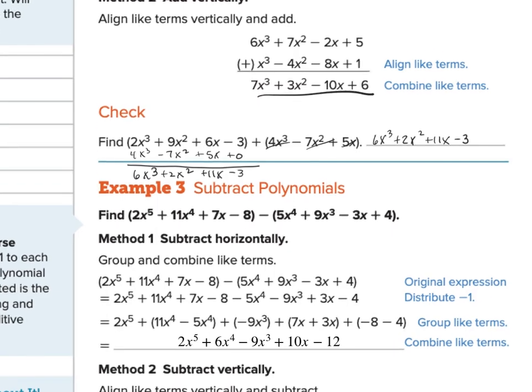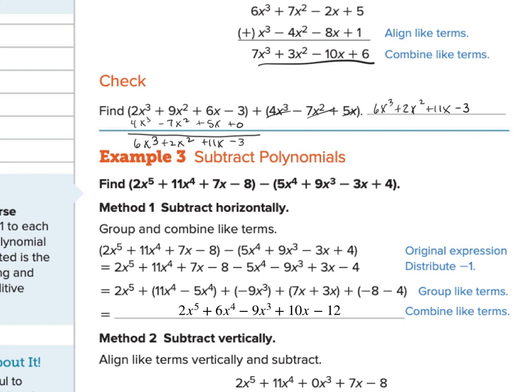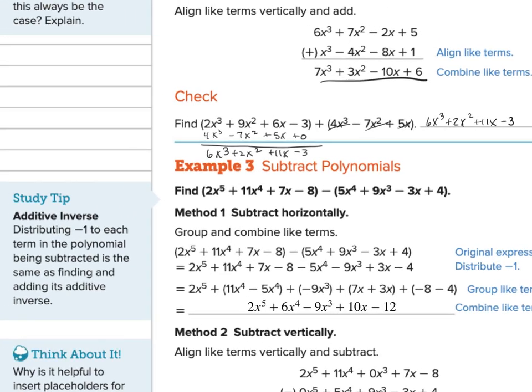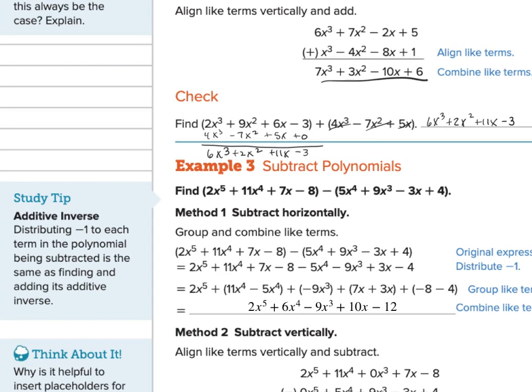Okay, and then when we go to subtract, when it comes to combining like terms, really we're going to be adding. We want to get to the addition. Remember your order of operations, and I know this is unusual, but we have our grouping symbols, right? Then we have our exponents, then we have multiplication and division, and then we have addition and subtraction.